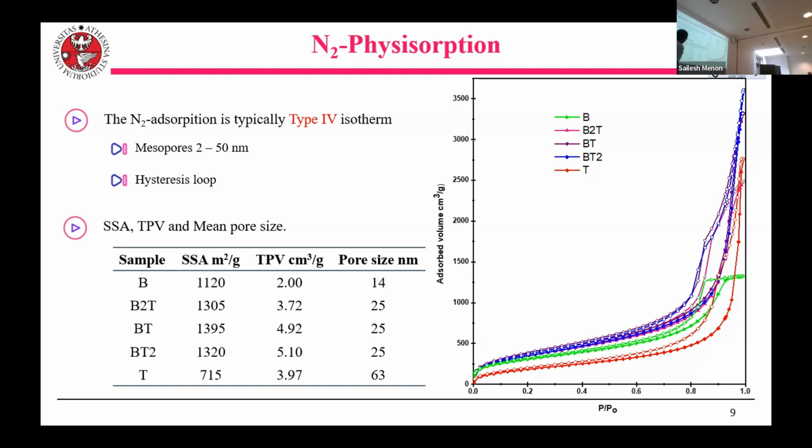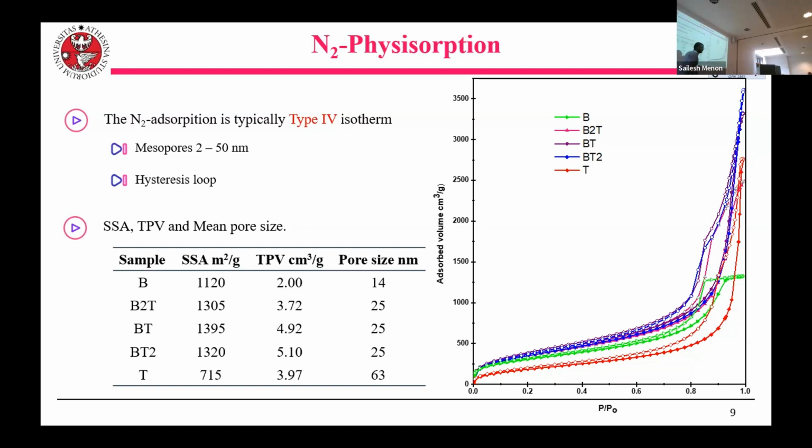Then, when it comes to the corresponding surface area, except the pure trial sample, the aerogel samples normally show extremely high specific surface area. For example, the pure BTM has around 1100 meters squared per gram of specific surface area.